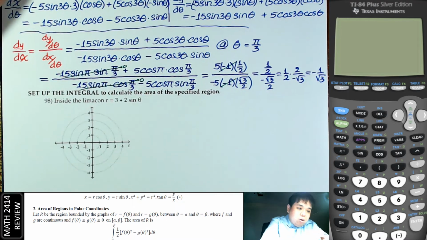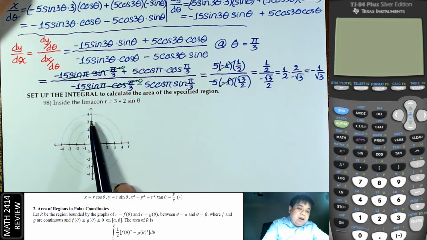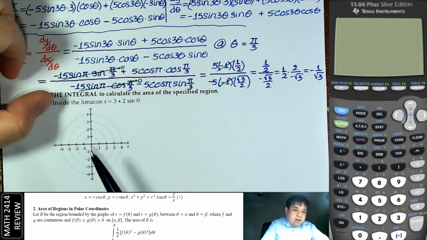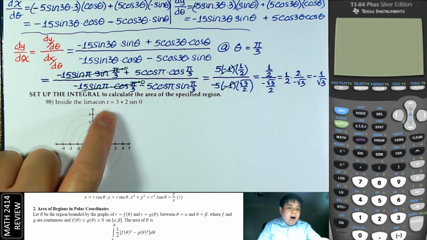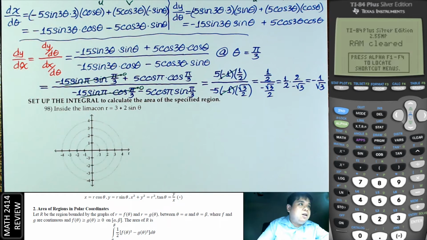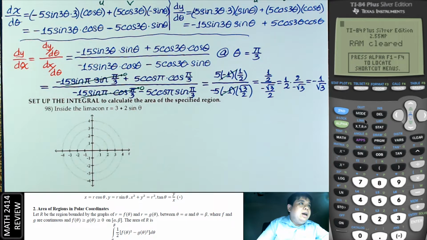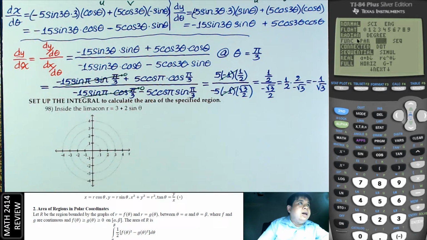Right, next we go to the integral. Set up the integral to evaluate the area of the regions. Right, first r equal to 3 plus 2 sine theta. So I'm going to graph this in polar mode, in radian mode.